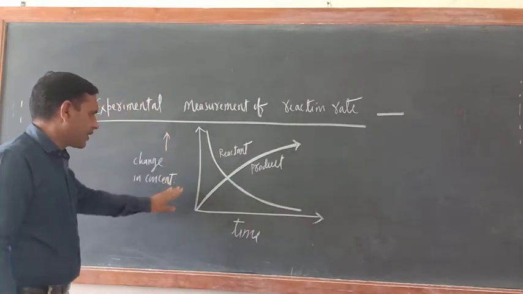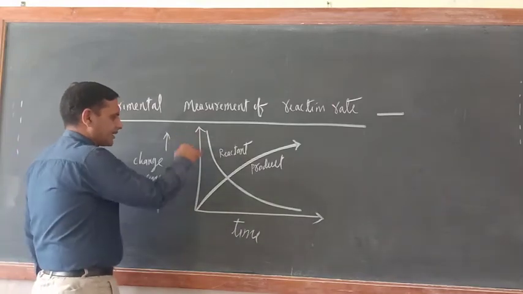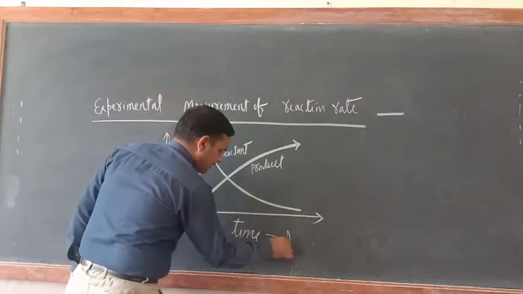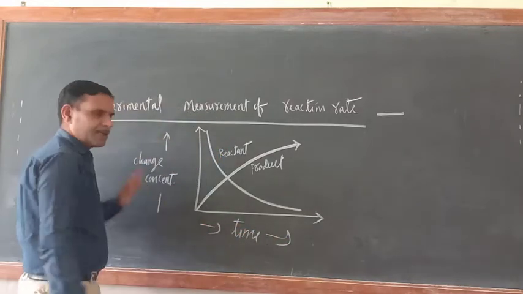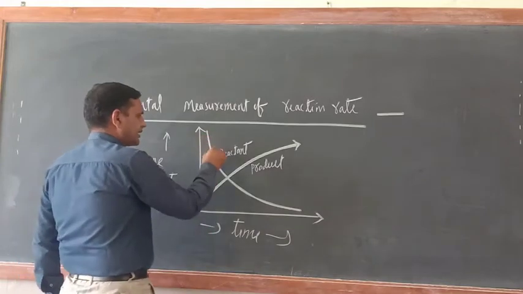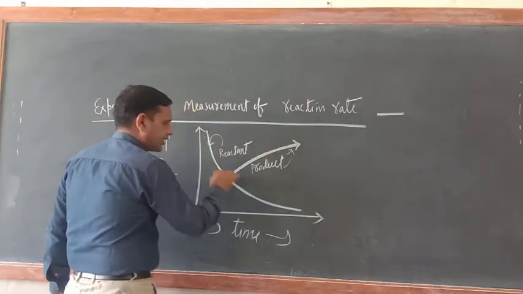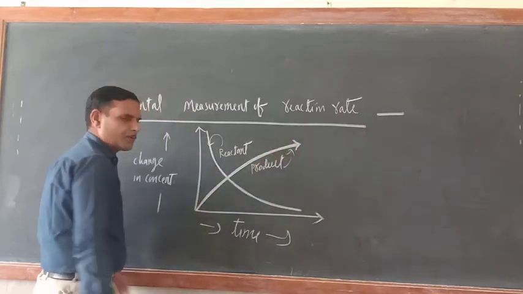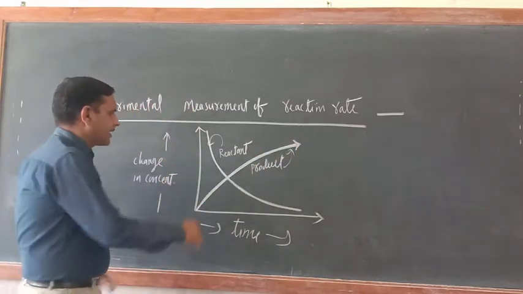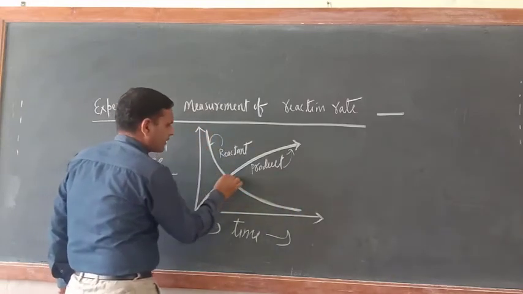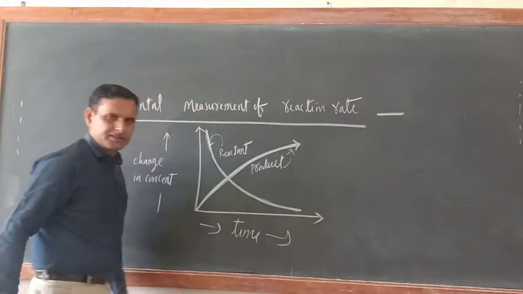This side is the concentration of reactant, this side is time. As the time passes, the concentration of reactant decreases while the concentration of product increases. That is why this graph is like that and this graph is like that.